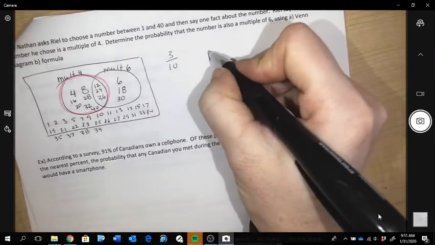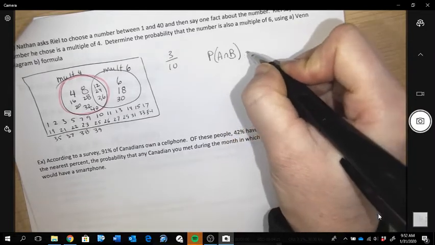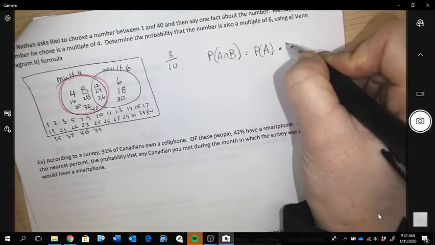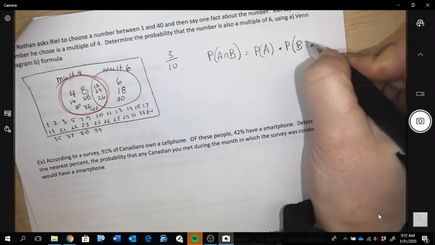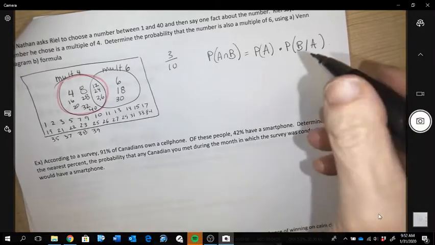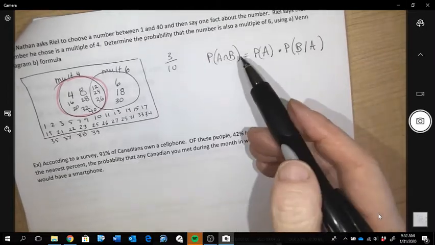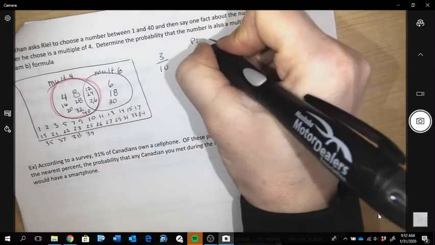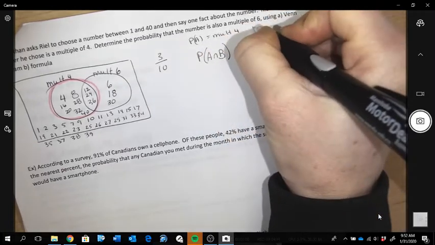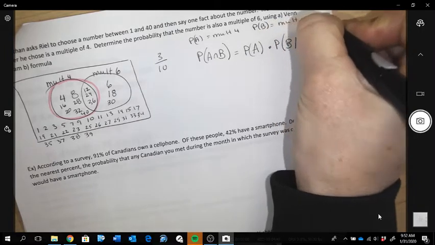Okay, the formula. So the probability of A and B is the probability of A happening times the probability of B given A. So this means the probability of the B event given the A event. So in this case, probability of A is the multiple of 4, and probability of B is your multiple of 6.